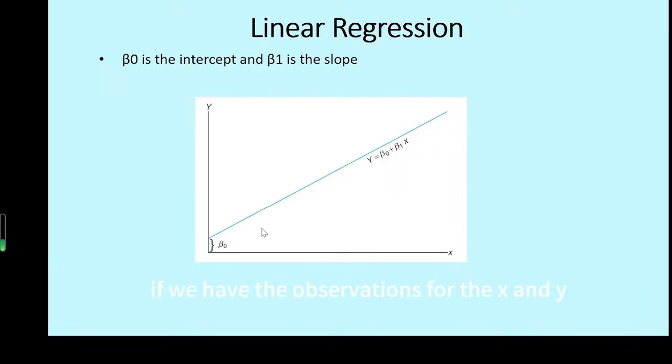Because if we have the observations for x and y where x is in a very small region, for example, starting value x here, ending value x there, so we only know the x, y values between this range, then the variance of this slope b1 will be larger. But if we get a very large x range, for example, starting value x here, ending value x there, so we get the xy range over almost this whole range, then we get a very small variance of b1.